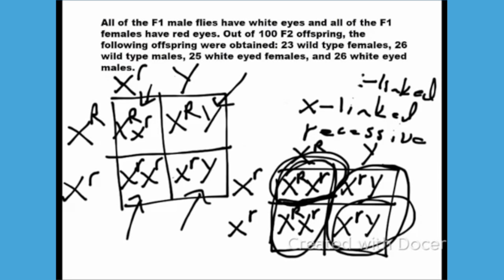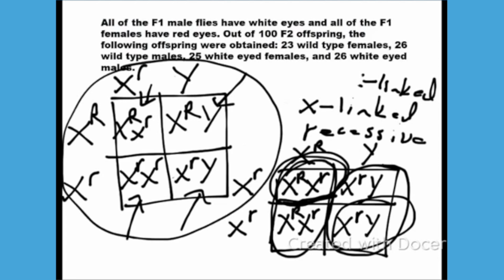And this one is a male, XY, has a little r, which means it's white-eyed. So we're expecting 1/4 red-eyed females, 1/4 red-eyed males, 1/4 white-eyed females, and 1/4 white-eyed males in the F2 generation. Those are our expected numbers.